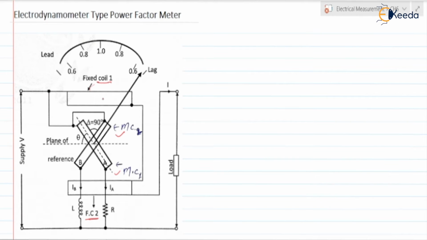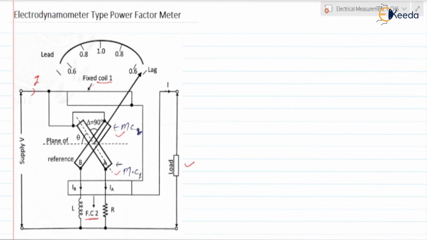Now how does it operate? Here we have the two moving coils, moving coil 1 and moving coil 2. Whatever current flows through the load, the same current flows through the fixed coil. If it is I here, definitely the current is I here. The current flowing through the pressure coil or moving coil is comparatively very small, because we have made its impedance very high.